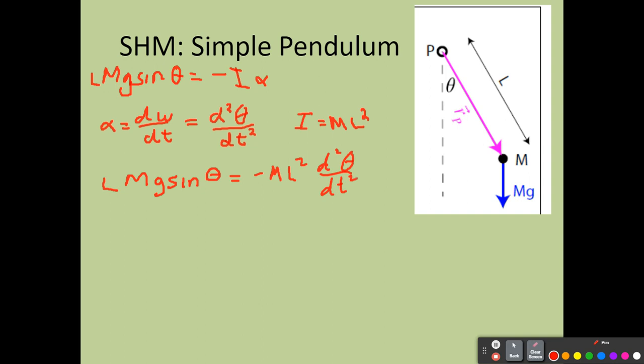And I now have a differential equation, but I need to get that in the form that we were talking about before, but I have this weird sine thing going on. So what we use is called the small angle approximation. So theta is equal to sine of theta for small theta.